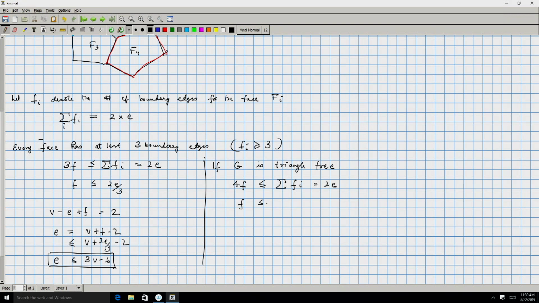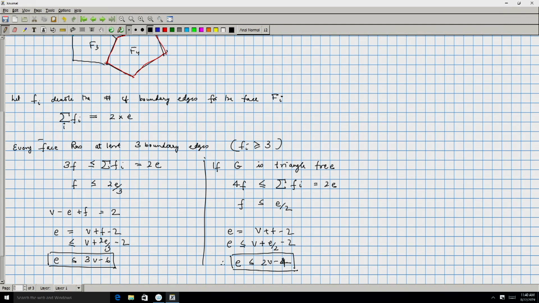So, f is less than or equal to e by 2, and in that case if we substitute in the formula e is equal to v plus f minus 2, we will get e is less than or equal to v plus e by 2 minus 2. So, there we can conclude that e is going to be less than or equal to 2v minus 4.